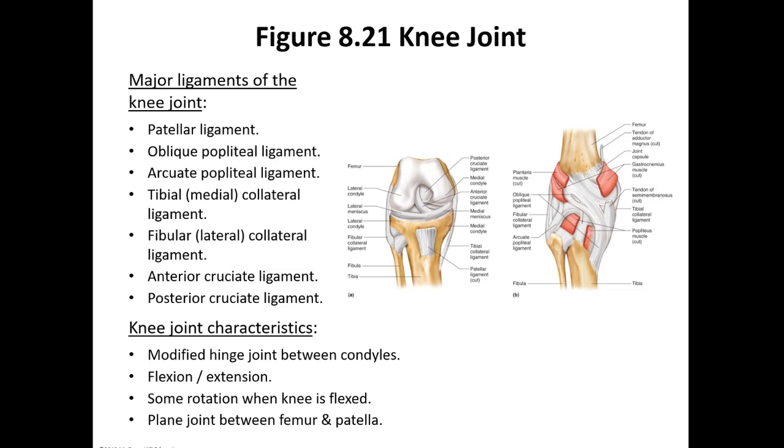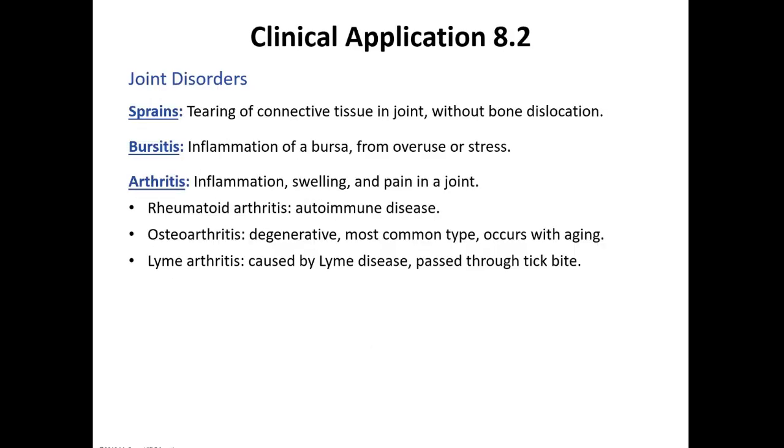All right. Now, the last part of this very chapter has to do with clinical applications. In terms of clinical application, we're talking about the joint disorders that affect our knee.